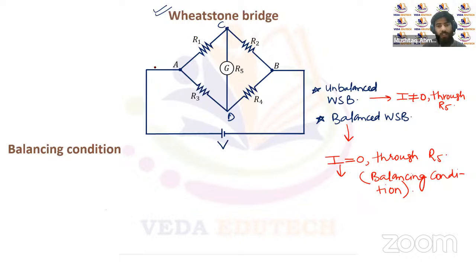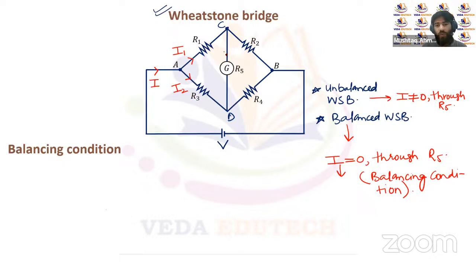Let's suppose there is some current I supplied by this battery, and this current is flowing like this. Some of the current is distributed along this branch, that's I1, and some current is distributed along this other branch, let's suppose I2. The current flowing through R1 and R2 is I1, and the current flowing through R3 and R4 is I2.